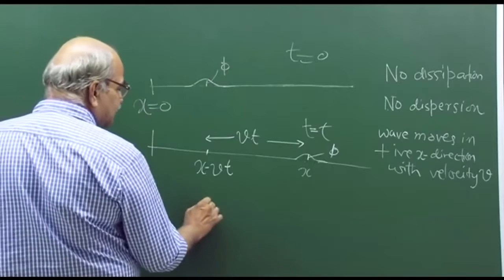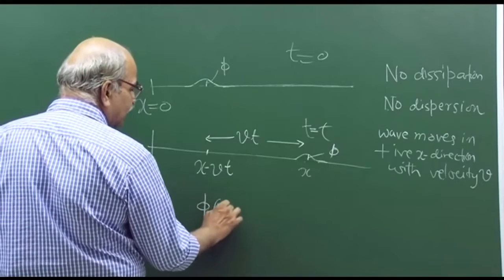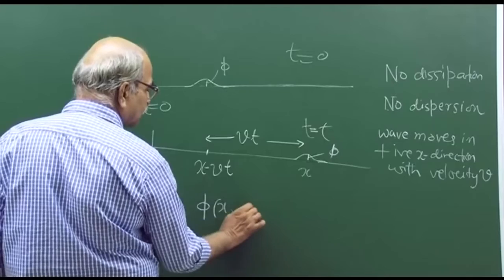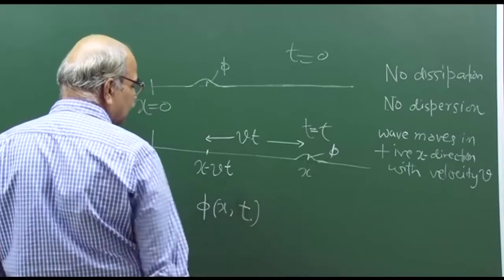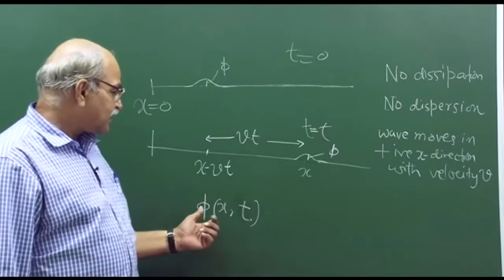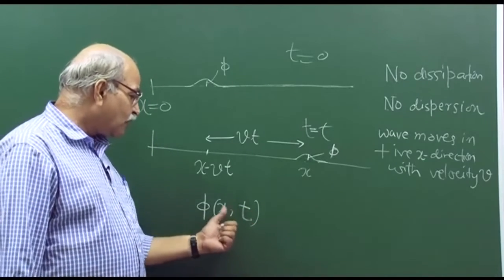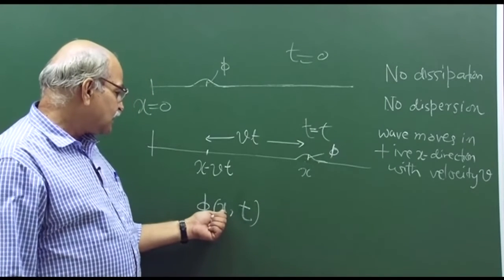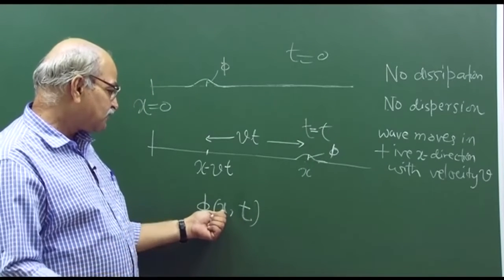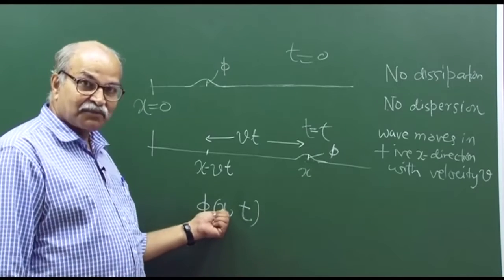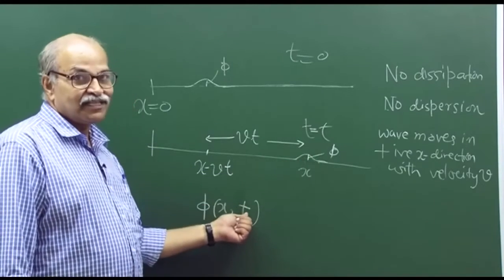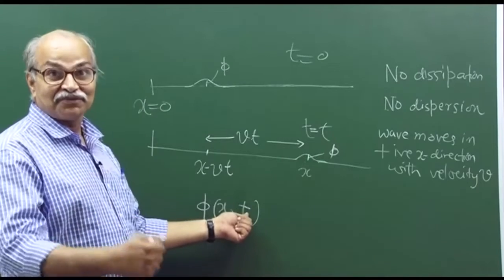So, if I write this as phi of x comma t, why this comma, why these two variables? Left of the comma tells me which portion I am talking of, x, that means I am talking of this position. Right of the comma tells me what time I am talking of.